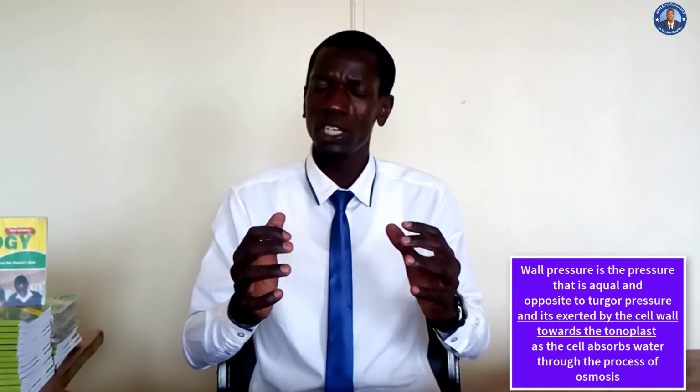The turgor pressure is trying to push the contents of the cytoplasm towards the walls, while the wall pressure is now pushing those contents towards the vacuole so that it remains firm, but there is no bursting in this process because the cell wall is rigid enough. I'm going to explain it using a certain PowerPoint here.